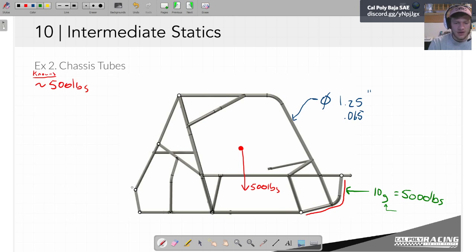So I know that now I have a 5,000 pound load from the front. Let's go ahead and slap some dimensions on here. This is going to be real rough because I forgot to look these dimensions up, but I believe the SIMs are at about 18 inches from the floor up there.